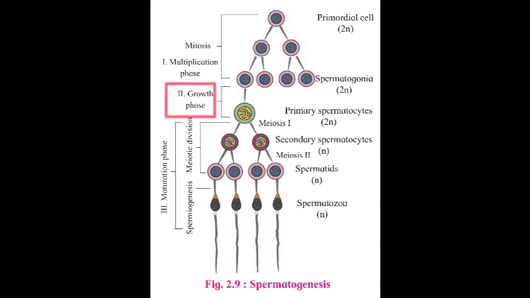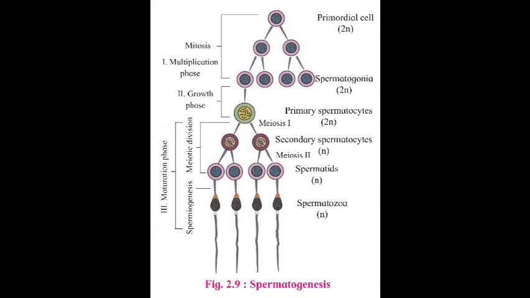In the second phase, that is the growth phase, spermatogonia stop dividing and grow in size to develop into primary spermatocyte, which is also a diploid cell. Primary spermatocyte grows in size due to the accumulation of food material. This food is provided by the nurse cell or Sertoli cells.